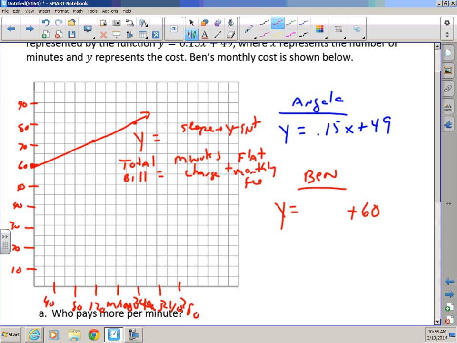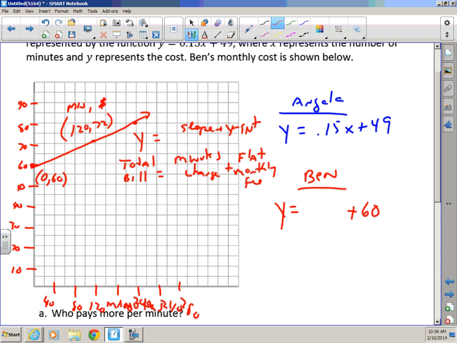So now the question is, how do I know how much they charge him per minute? Well, I could take any 2 points, and what these coordinates represent is for 120 minutes, he gets charged $72. At 0 minutes, he gets charged 60.